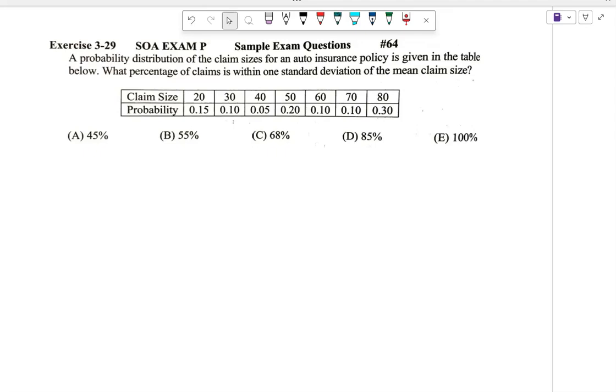Okay. All right. So again, calculate the mean, calculate the standard deviation. Well, to calculate the mean, I've got to do expected value of x, right?